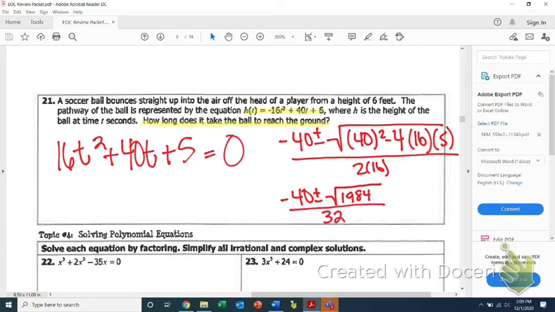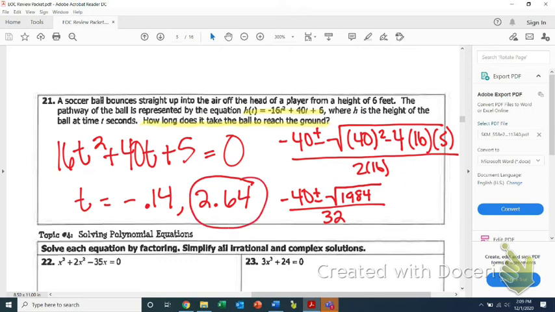Once I simplify all of this, I get t equals negative 0.14 and 2.64. Well, we are talking about time here, so we can only have one solution, and it has to be the one that is positive. This one will not work because it's negative.